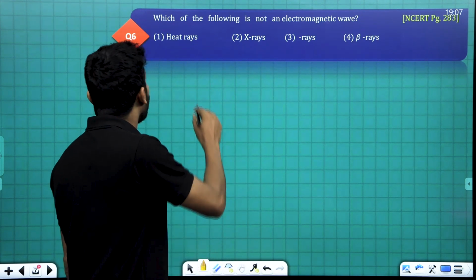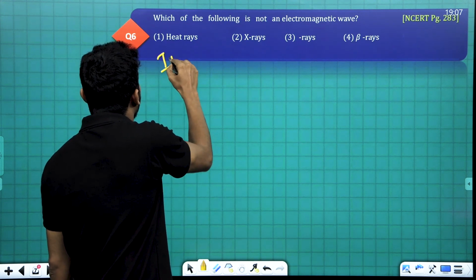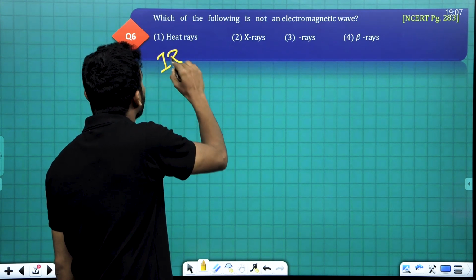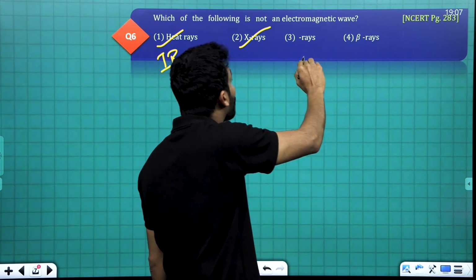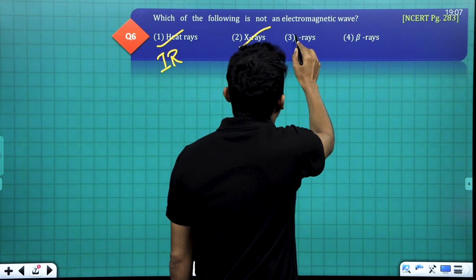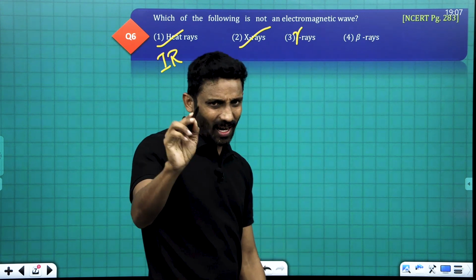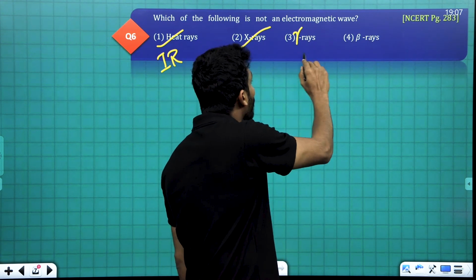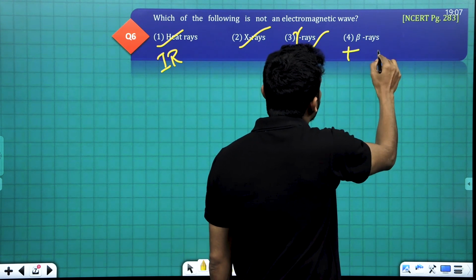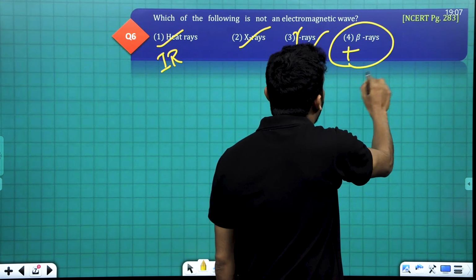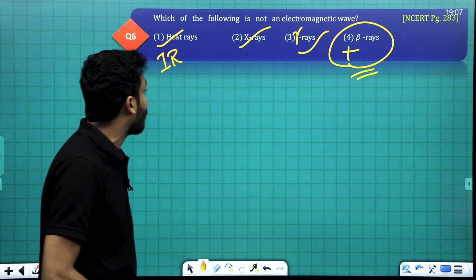First one, heat rays. Actually, these are infrared radiation, so this is heat wave. X-rays are electromagnetic waves. Then gamma rays are electromagnetic waves. Then beta rays are not electromagnetic waves. So this is the answer to that particular question.